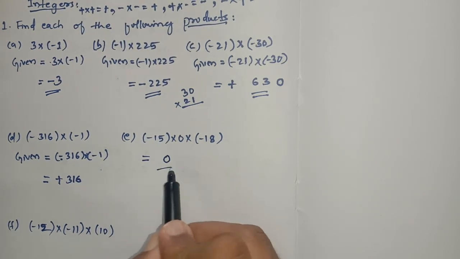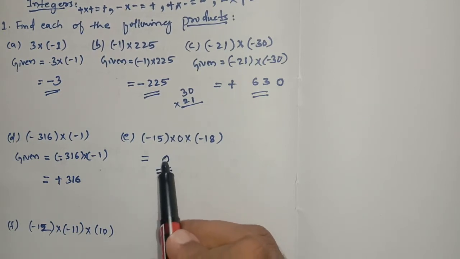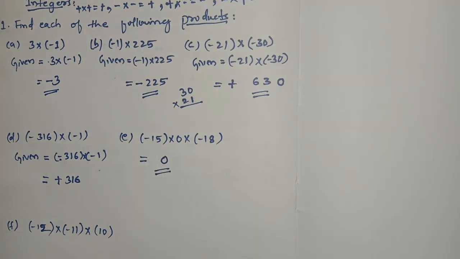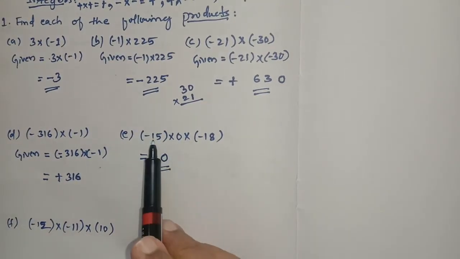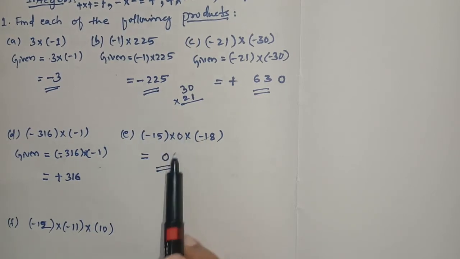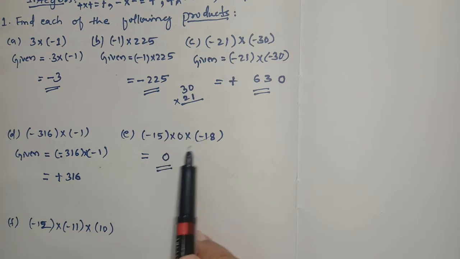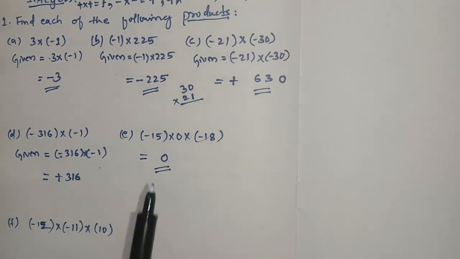So this is our answer. Keep in mind, 0 into anything will become 0 only. When you multiply any value with 0, the answer will become 0.